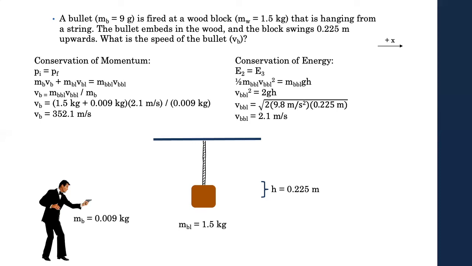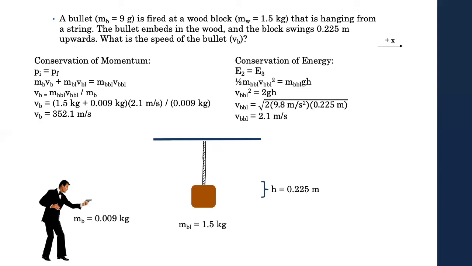Is anybody confused about why I used conservation of energy for the second half, but conservation of momentum for the first one? In a perfectly inelastic collision, as I described, energy is not conserved, energy is lost. So there's some loss in energy to external things, sound, light, heat, whatever, when the bullet strikes the wood.